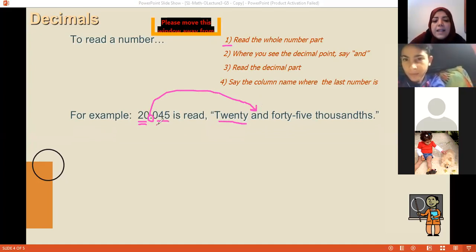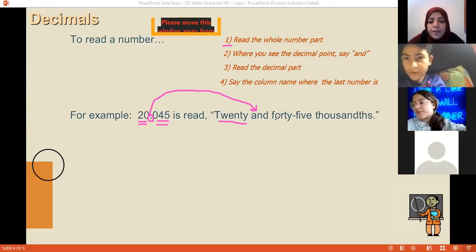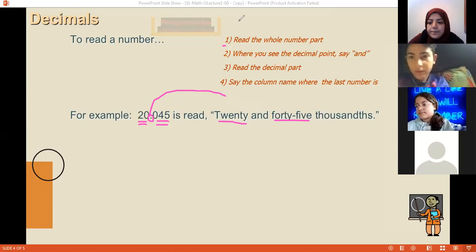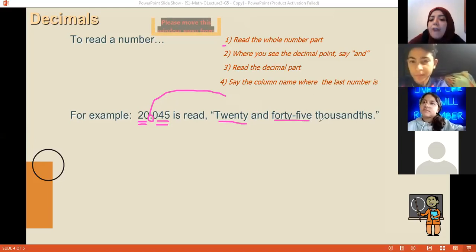Now I read the decimal part. What do I have in the decimal part? 45. But don't forget that you have to put at the end the place value you reached.